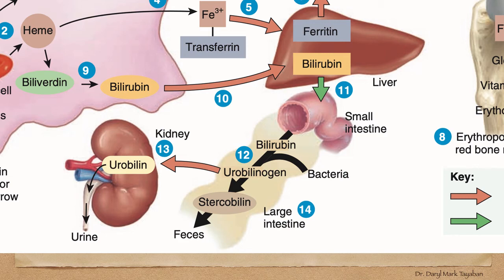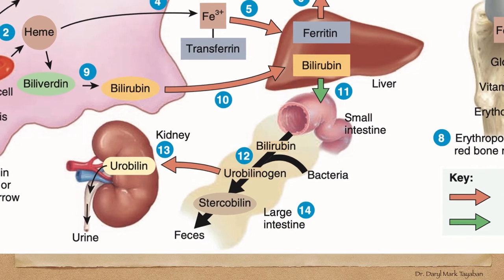Then most of the urobilinogen is actually eliminated in the feces in the form of the brown pigment called stercobilin. I hope you can see that, the brown pigment. It gives the color of our feces, to be brown and golden. So that's a color. So then it goes out. That's the process, the excretion part.